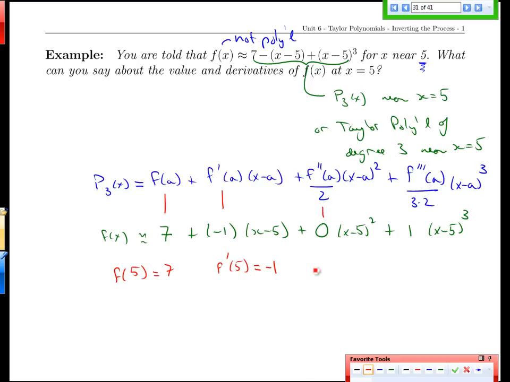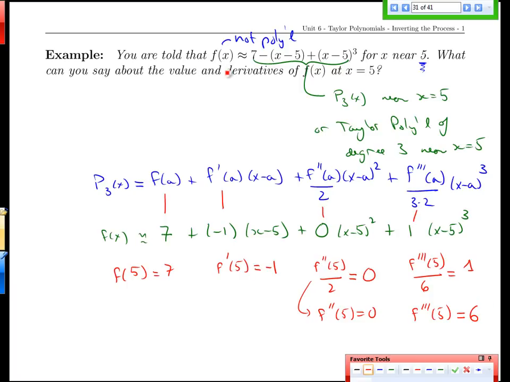Here we can read that f double prime at 5 over 2 must be 0. So this one we have to do a little bit of calculation. F double prime of 5 must have been 0 as well. Last but not least, f triple prime at 5 over 3 times 2 is 6. That had to equal 1, so the third derivative of the function at 5 must have been 6.